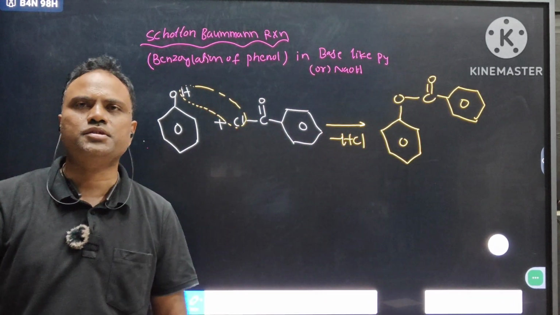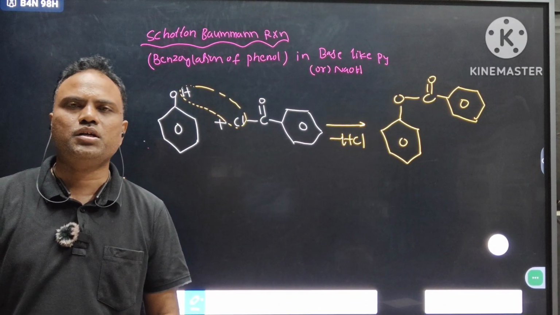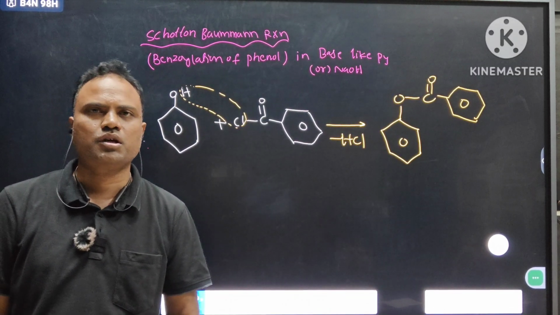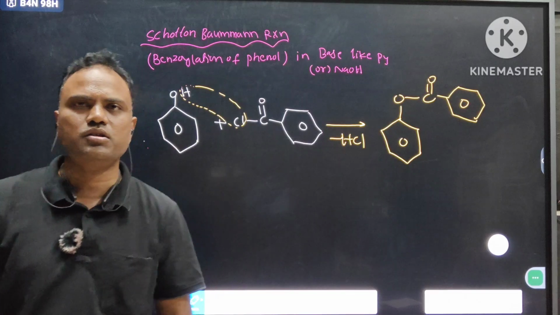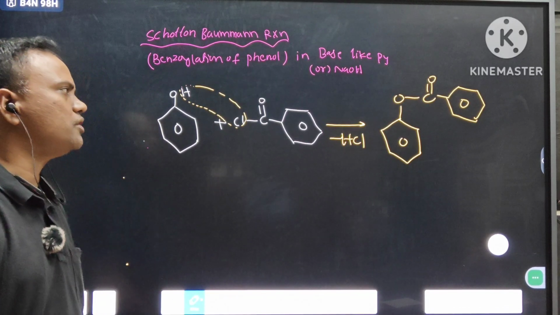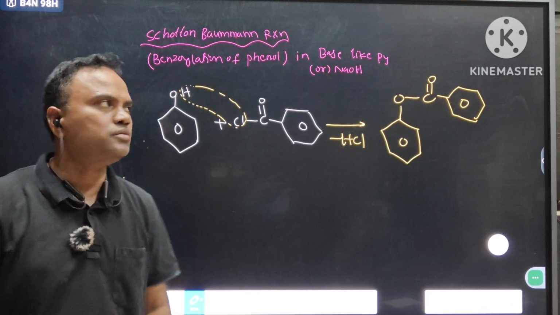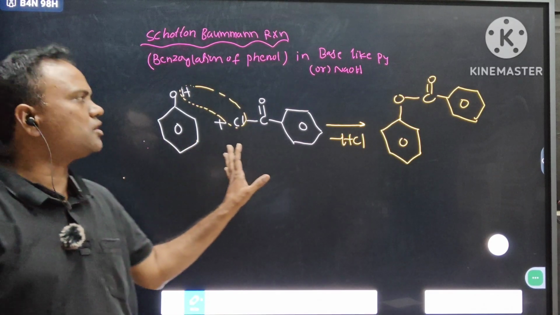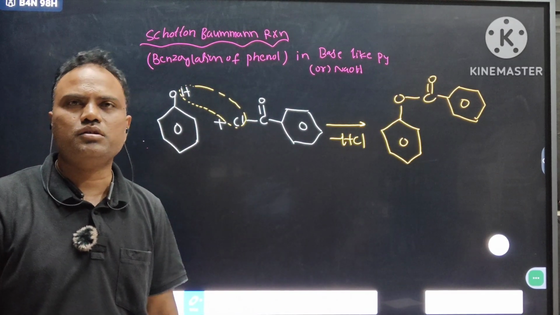Major preparation process. After that, cleavage of ethers, chemical properties. SN1 can be explained, and SN2 can be explained. This is additional reaction, Schotten-Baumann reaction.